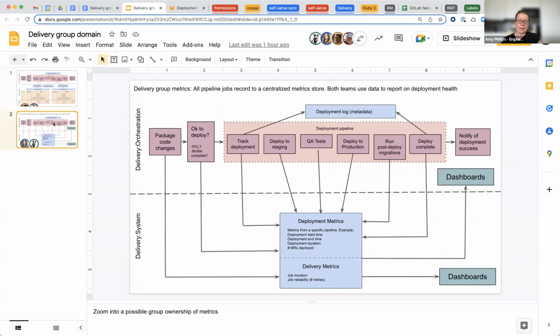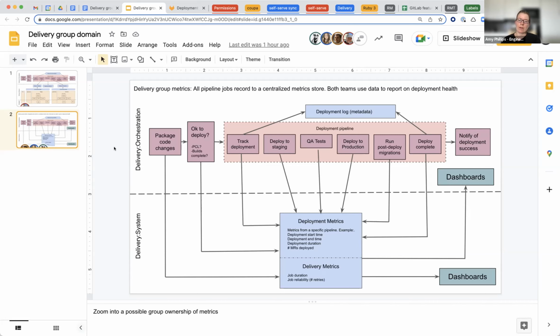On the second slide, we've pulled out the metrics as one of our slightly easier-to-think-through components that will have shared links between both teams, as an example of how this could work.